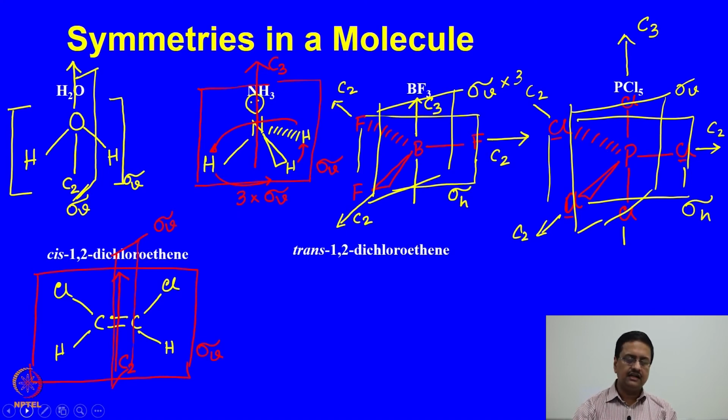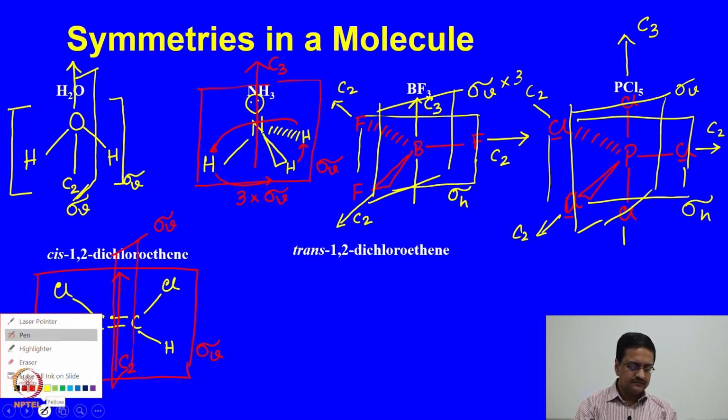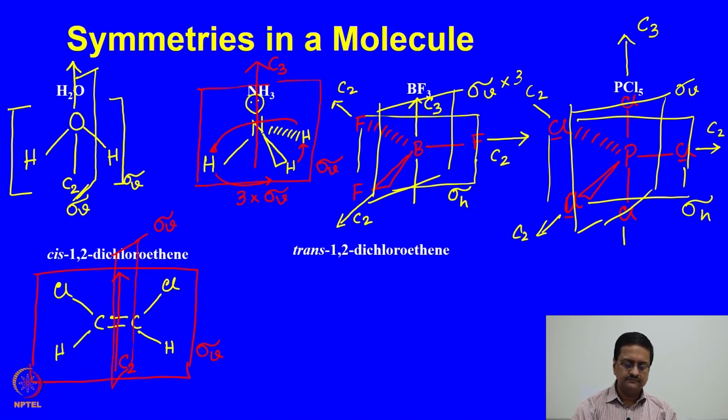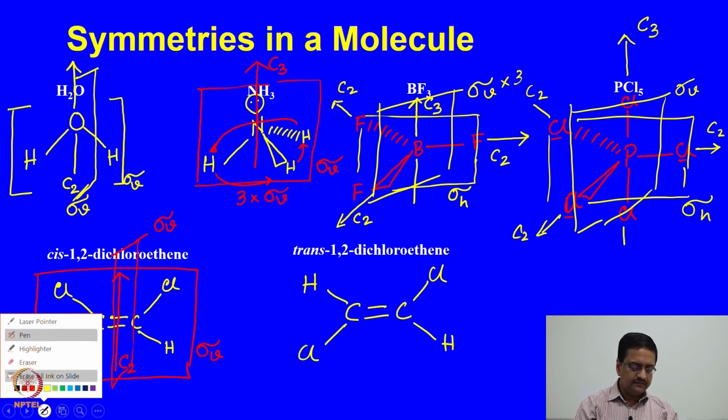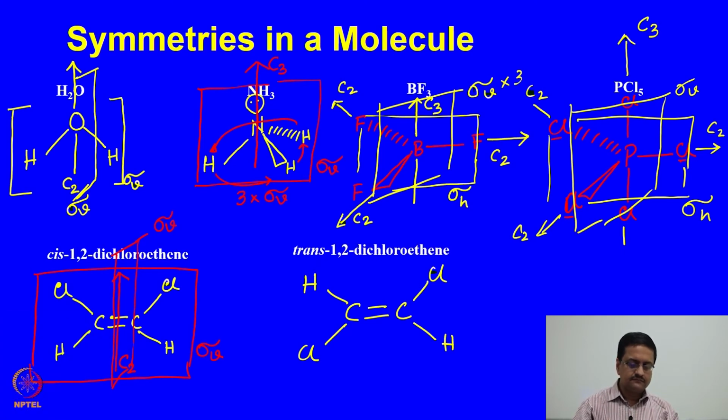Now, let us see the other isomer of this compound, trans-1,2-dichloroethene. In the case of this trans-1,2-dichloroethene, what do we see?